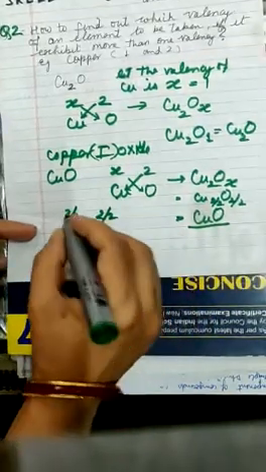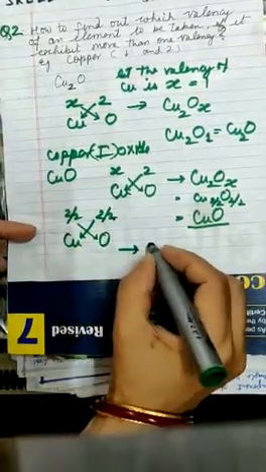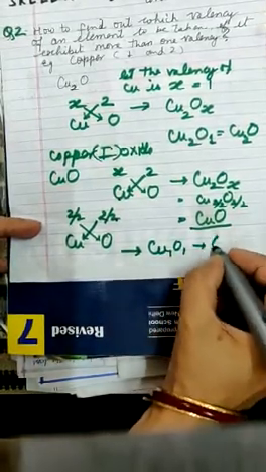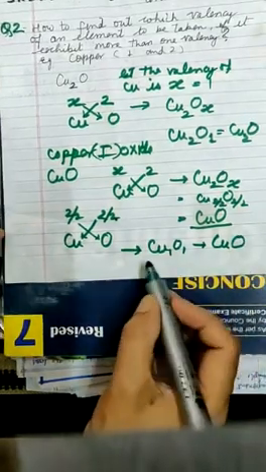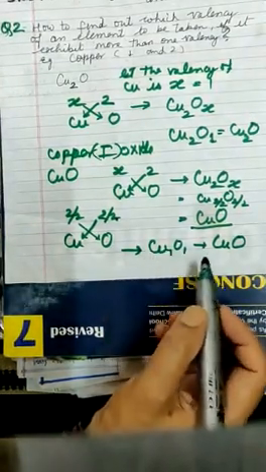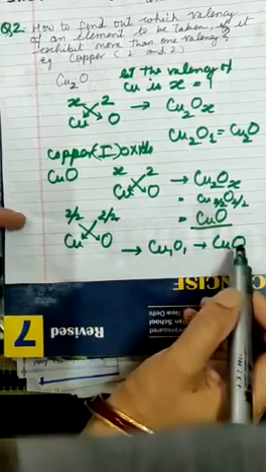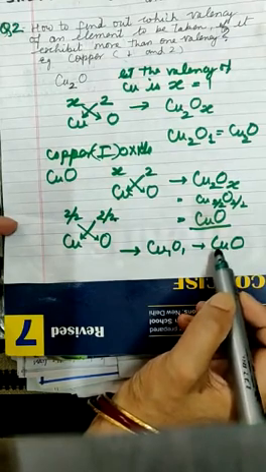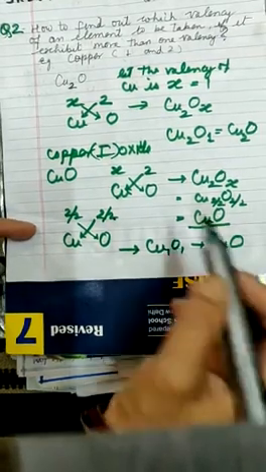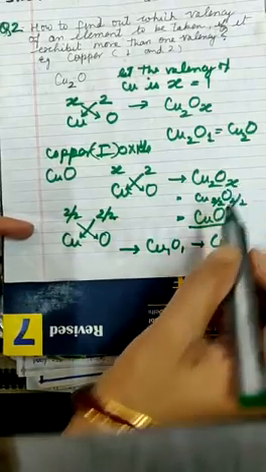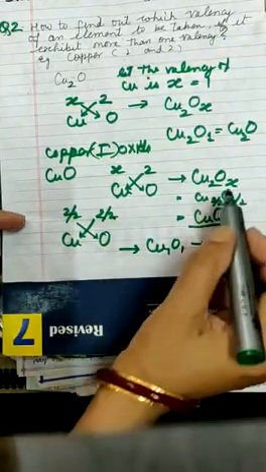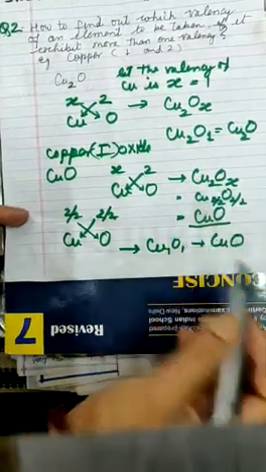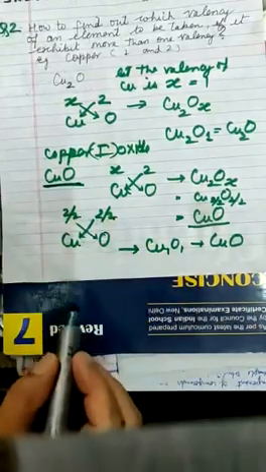So finally it will become 1, and then the formula of the compound will become Cu1O1 and finally CuO. It means if we have to find out the valency or the correct name of a compound in which one of the radicals, mostly the positive radical, is variably valent, then what do we do? We frame the formula and put a value of X and then find out what should be the value of X, so that the final formula comes whatever is the real formula of the compound.